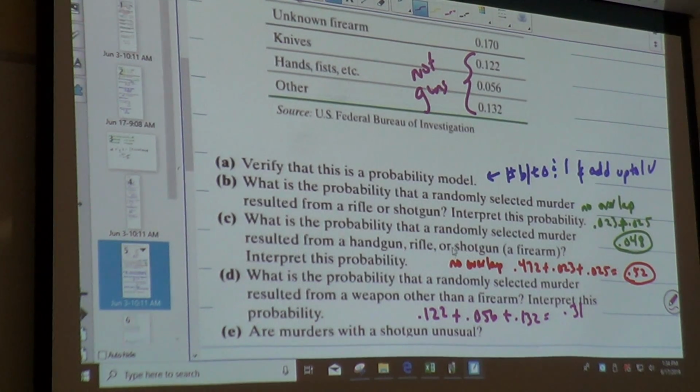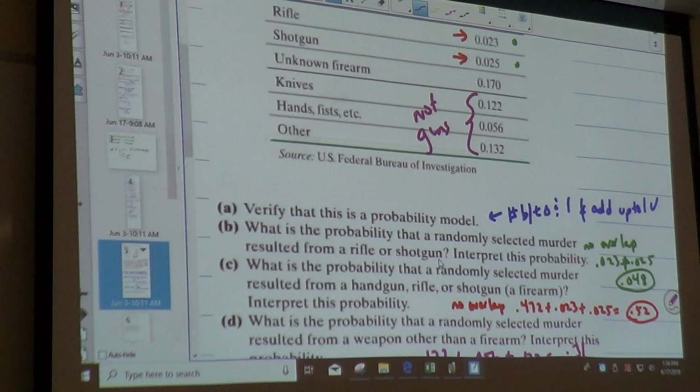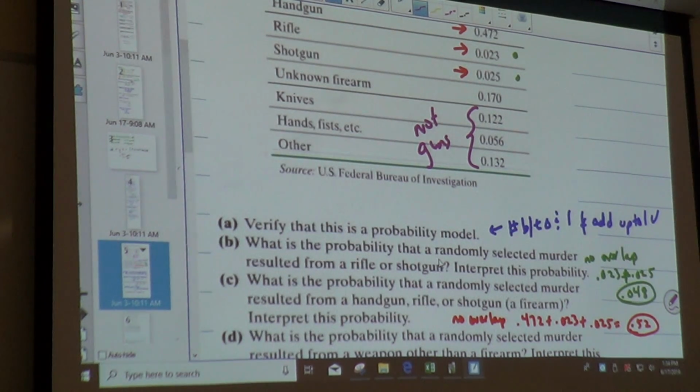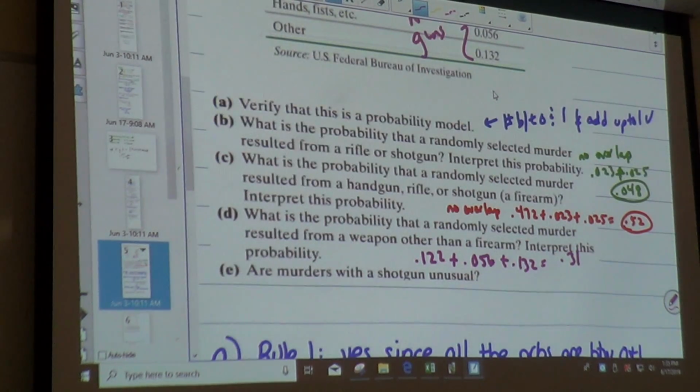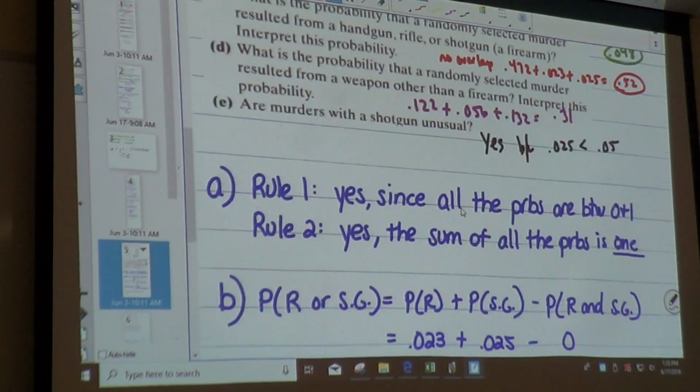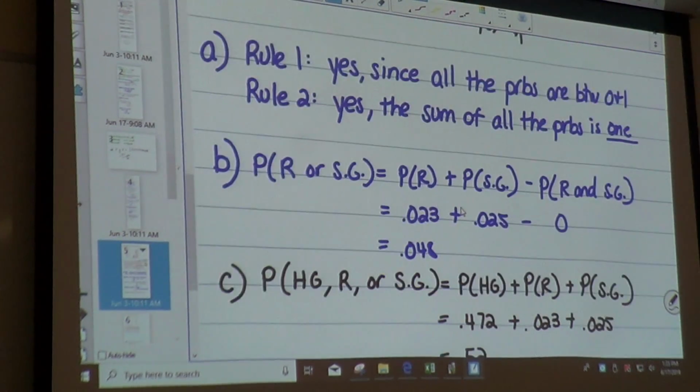Are murders with a shotgun unusual? What makes it unusual? Less than .05. So the shotgun is .025. Is it unusual? Yes, because .025 is less than .05.